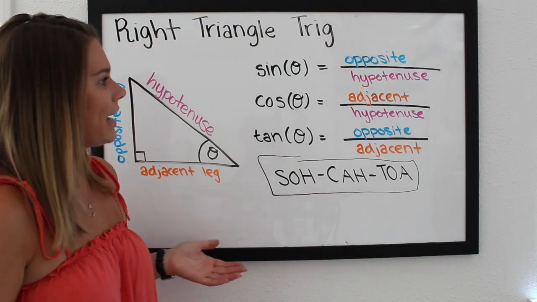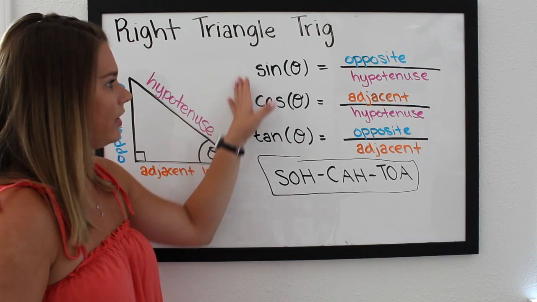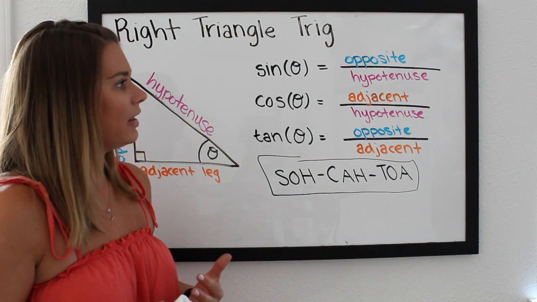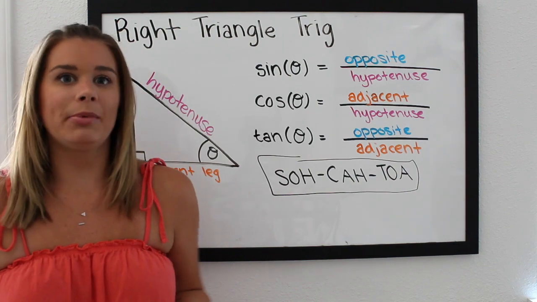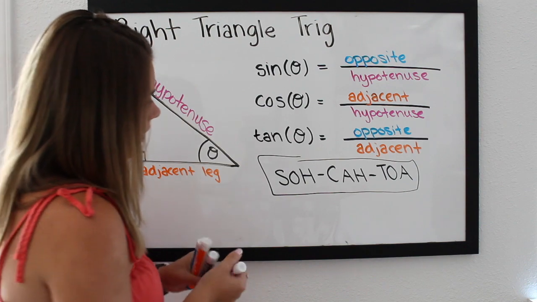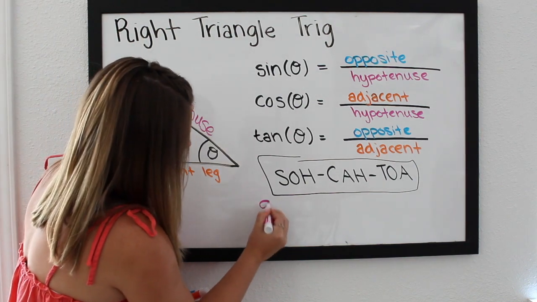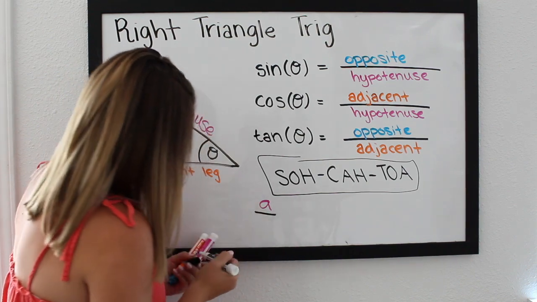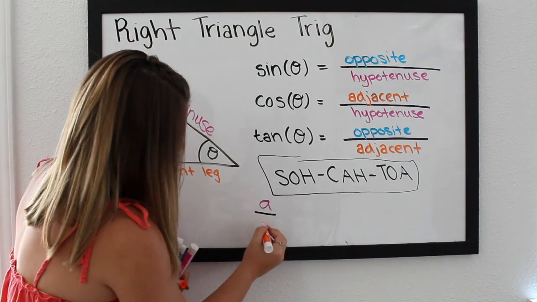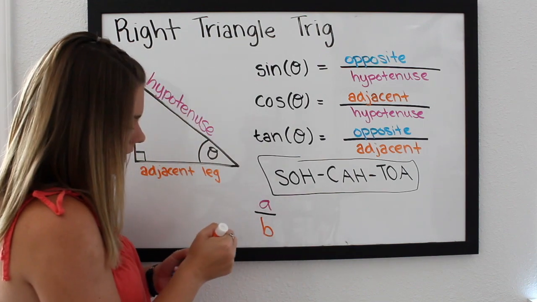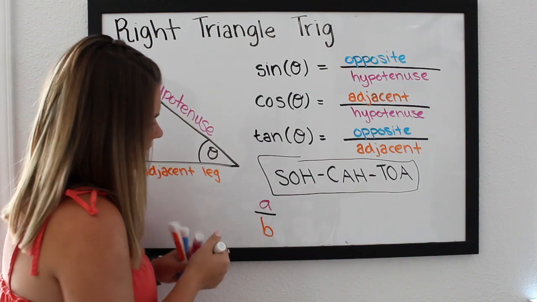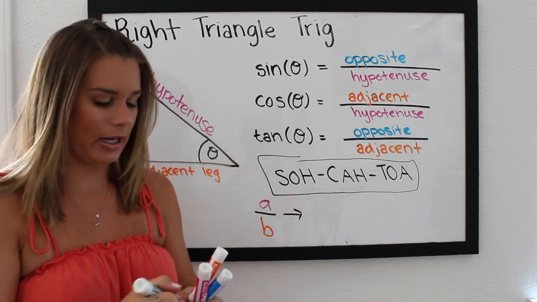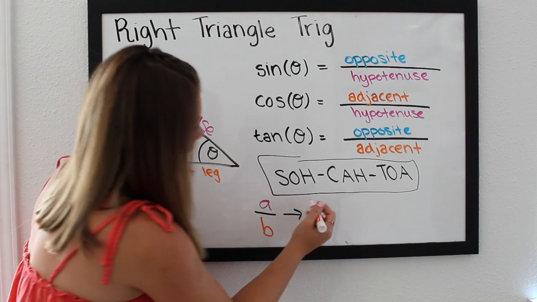Up next, we're going to talk about these trig ratios, but their reciprocals. Reciprocal, just vocabulary-wise, is when you have some fraction, a over b, and the reciprocal of a over b is when we just flip the numerator with the denominator to get b over a.